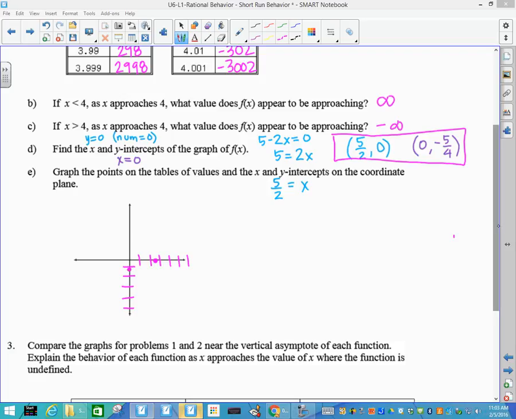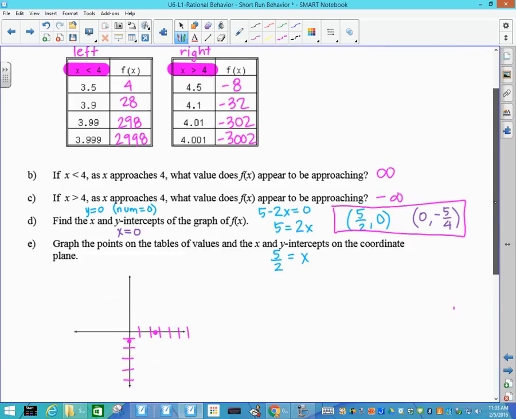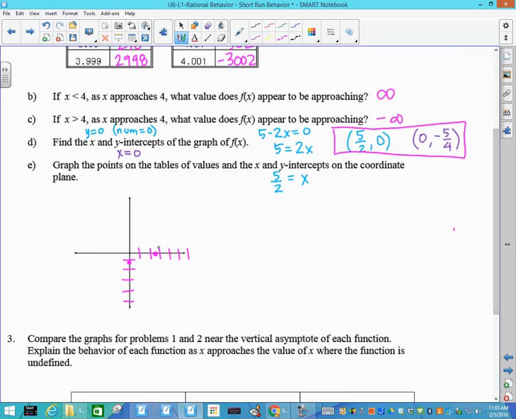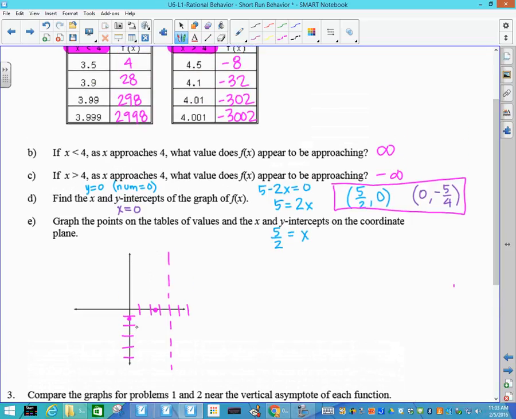And the other really important number that we are talking about is that point where it's undefined. So if I go 1, 2, 3, 4, I think y'all figured out that we are looking at what we call vertical asymptotes. Okay, so from the left side, this is the left side of 4. What am I approaching? What are my points going to? They're going to positive infinity.